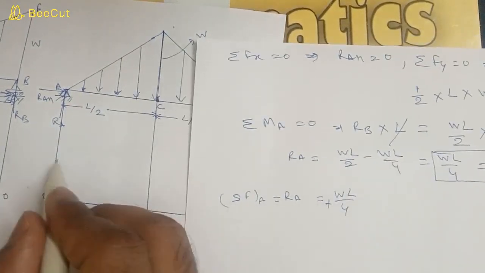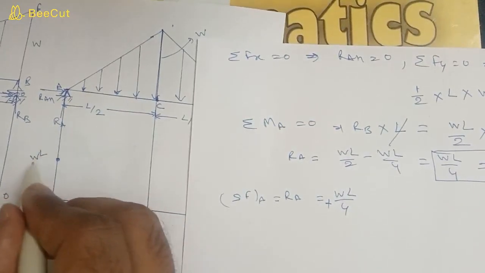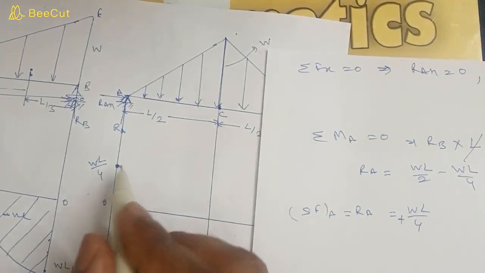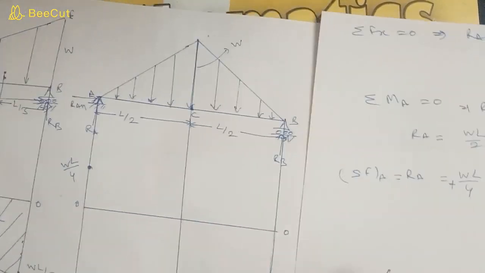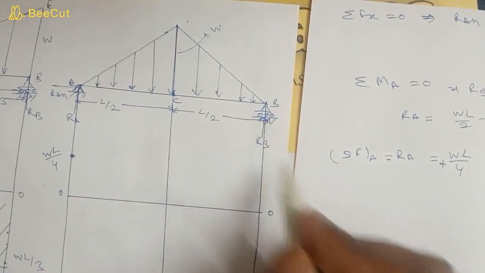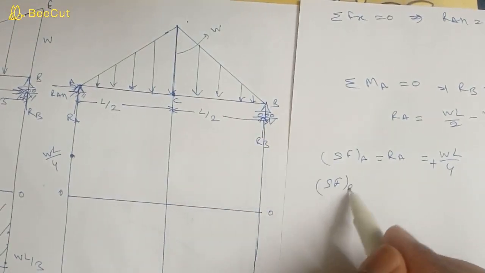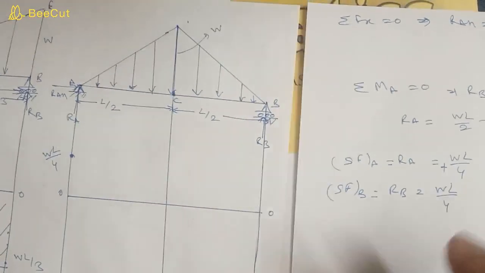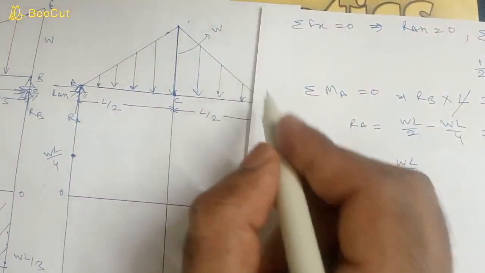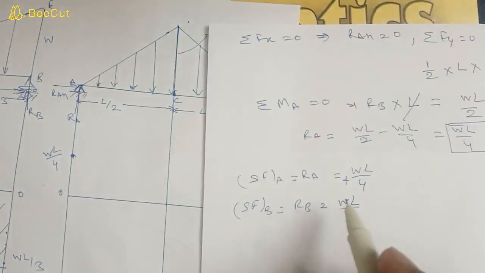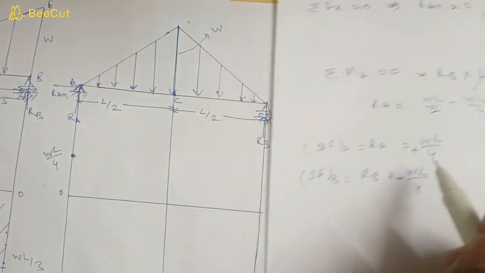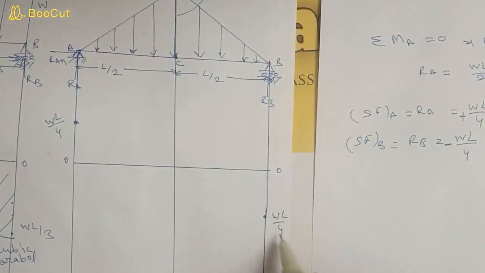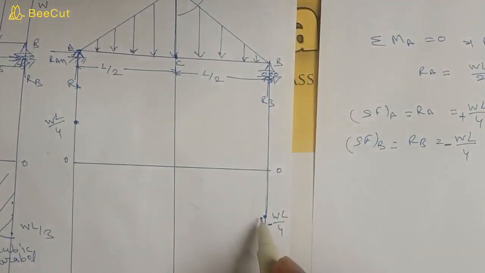So at this point WL by 4 is the shear force in positive, and at point B, shear force at B is equal to RB, which is also WL by 4, but it is negative because this force is upward and this is downward. So due to sign convention this will be negative. So we will mark WL by 4 in the negative direction. So this will be the shear force diagram.